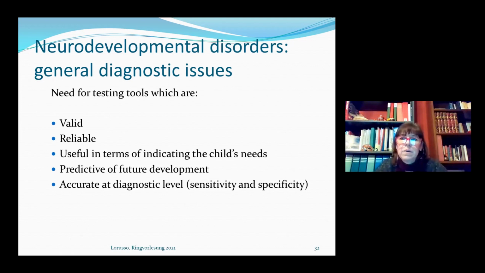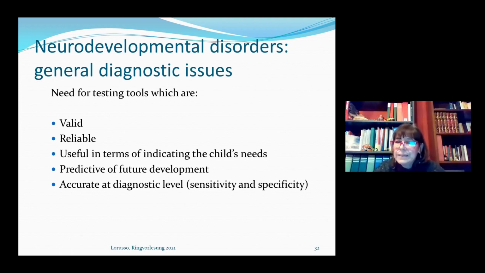So what do we need in order to be able to make a correct diagnosis? In general, so not only in the bilingual population, we need to have testing tools which are valid, reliable, useful, predictive of future development, and accurate at diagnostic level. So they must have a good sensitivity and good specificity.